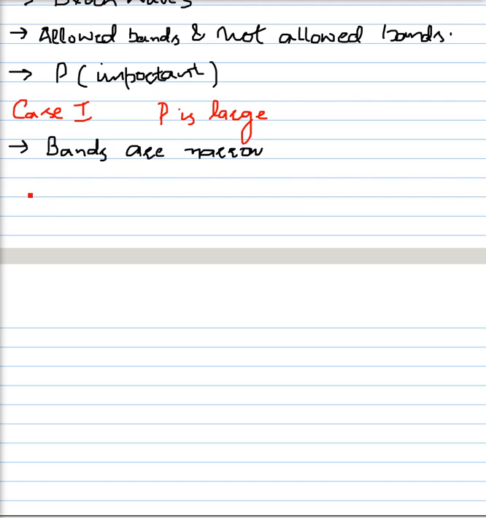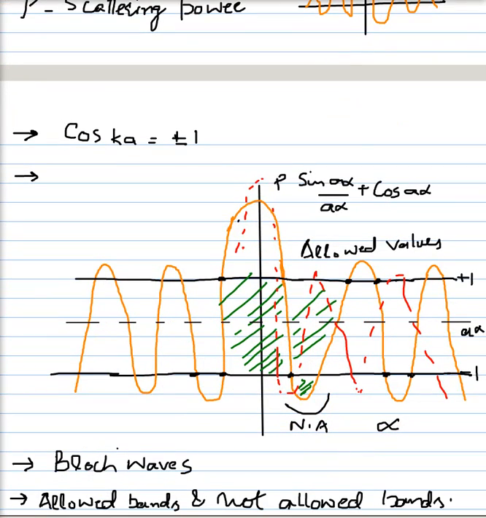Now case 2 is when P is small. That is, sorry for the interruption, now P has a smaller value.